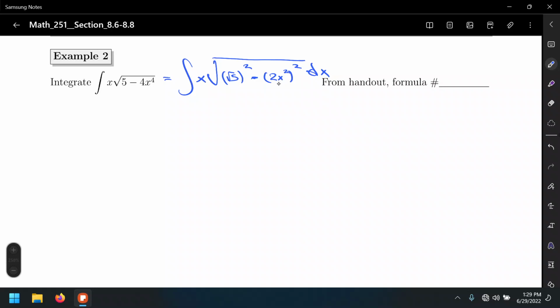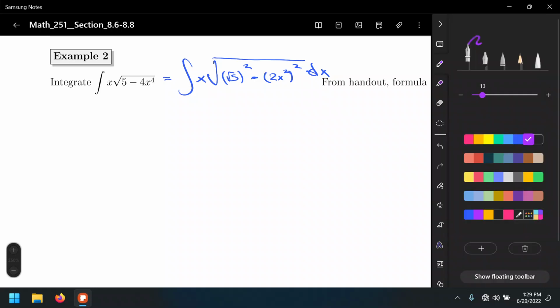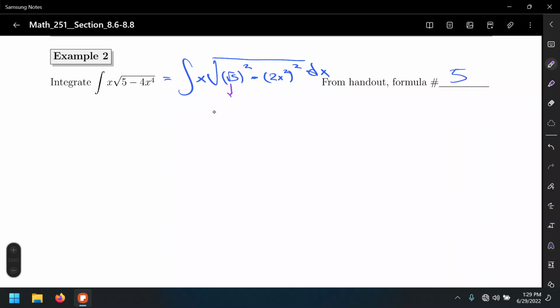However, by pattern recognition, the u part is 2x squared, whose derivative is 1 degree less, whatever coefficient times x to the first power, which is what we have here. So that should work very well. So formula number 5 with a equal to square root of 5 and u equal to 2x squared.